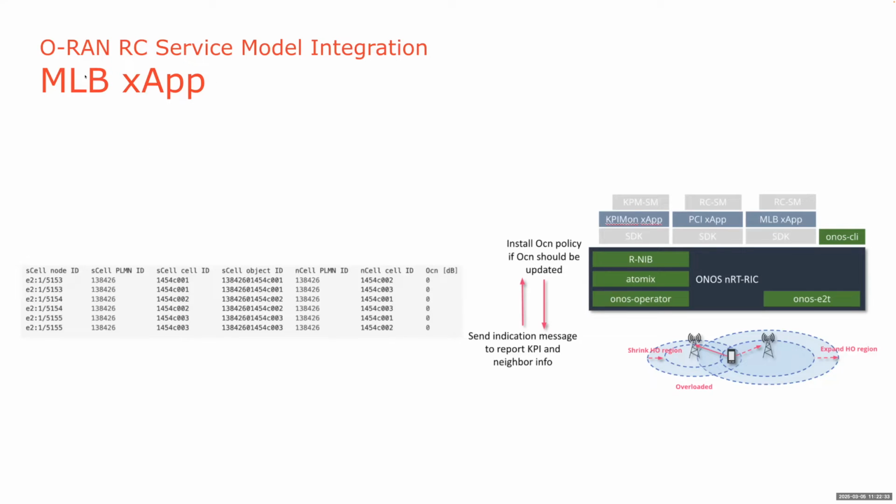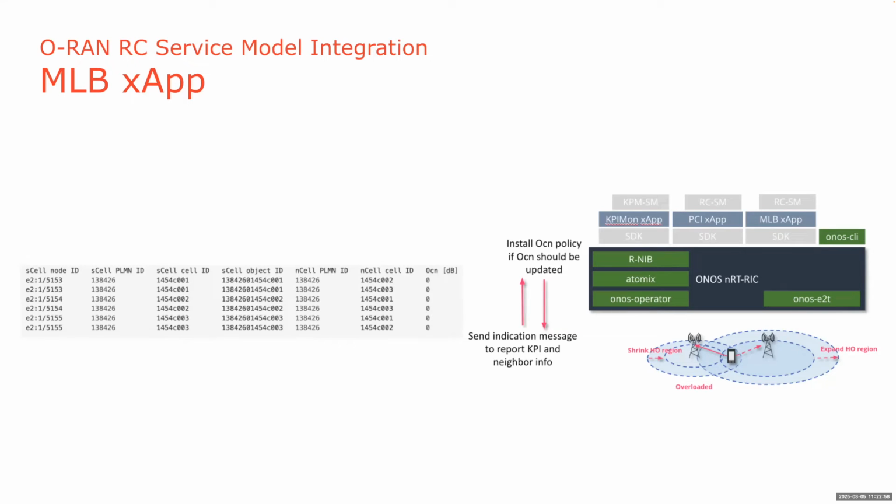By using that load information as well as the neighbor cell list information, the MLB-X application simply detects which cell is overloaded and which cell is not overloaded, or even under the target threshold. It works periodically. I mean, the MLB-X application checks this kind of load balancing logic periodically.